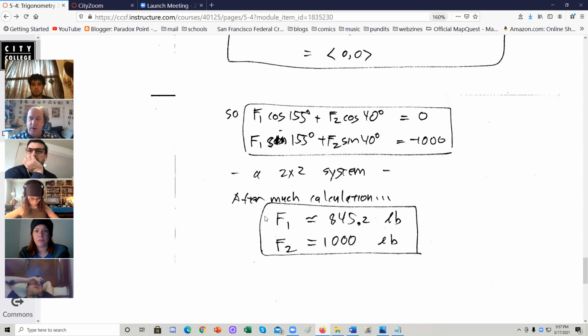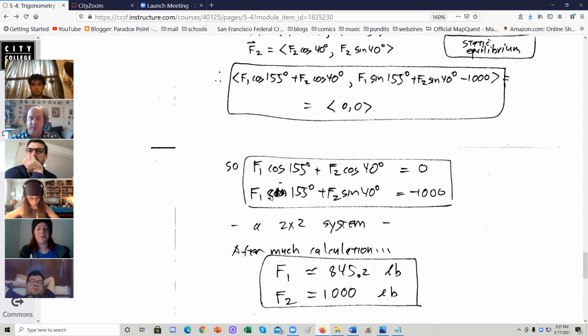Oh dear. You know, I've made a stupid mistake, but we'll proceed anyhow. Let's see if I did this right. F1 cos 155 plus F2 cos 40, F1 sine 155 plus F2 sine 40 should equal plus 1,000. That's a mistake.